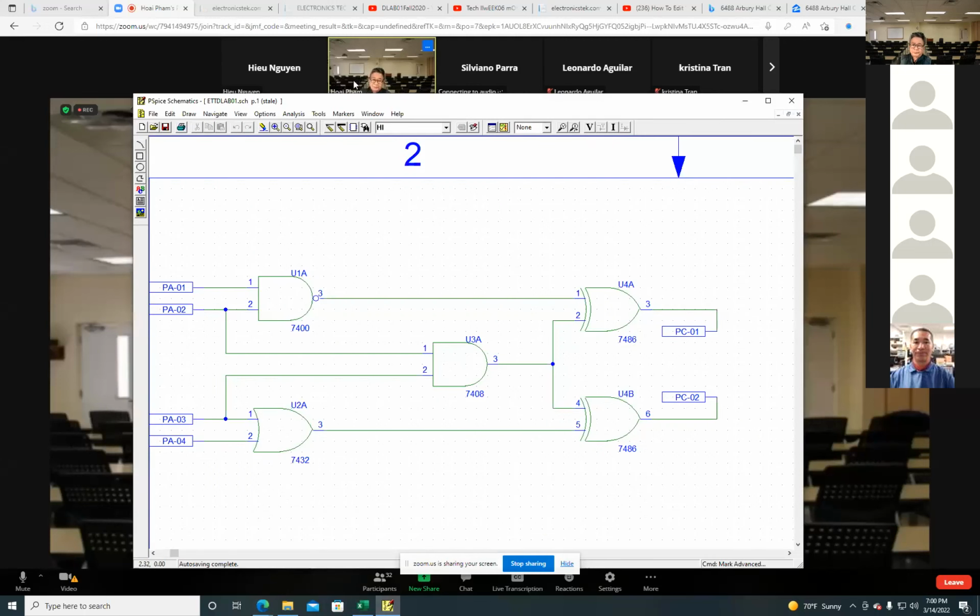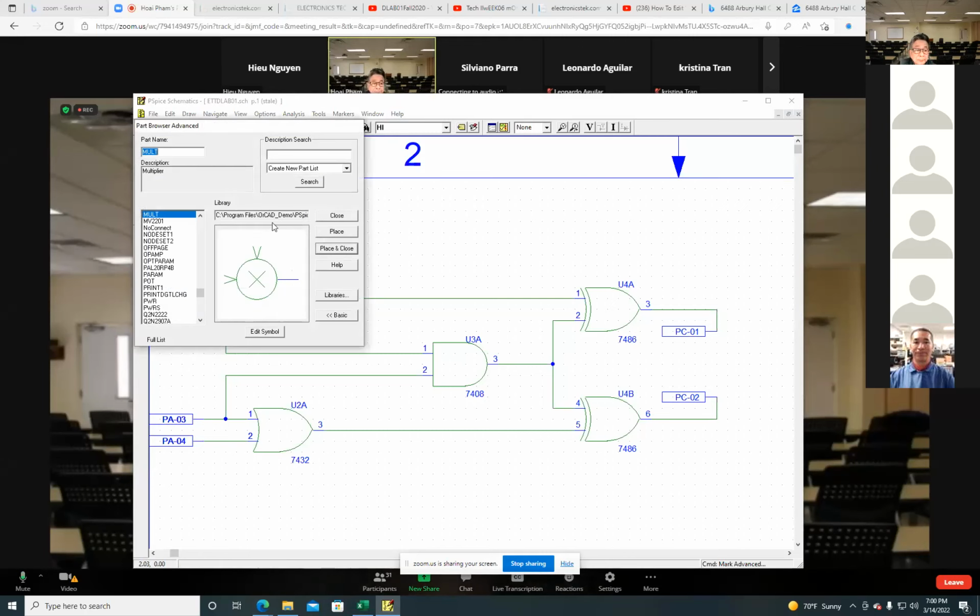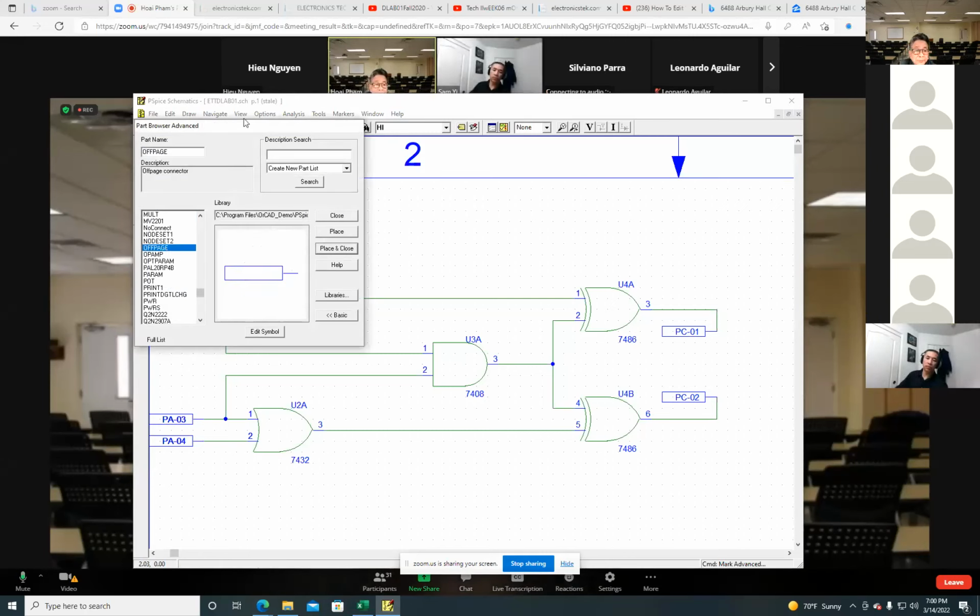Okay, so this is the circuit I have, right? This is for the first D lab. So for this, what are these? These are the inputs, right? So are they off page? Is that what that is? And then you just label global.